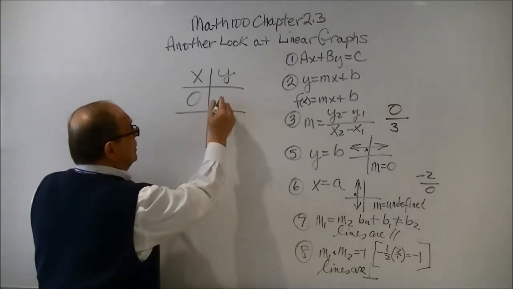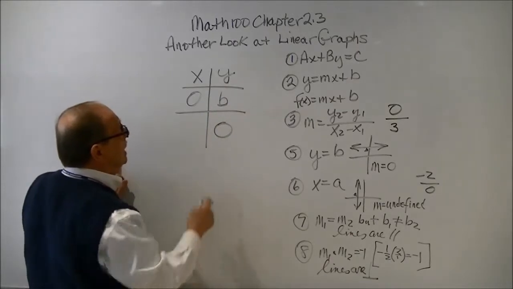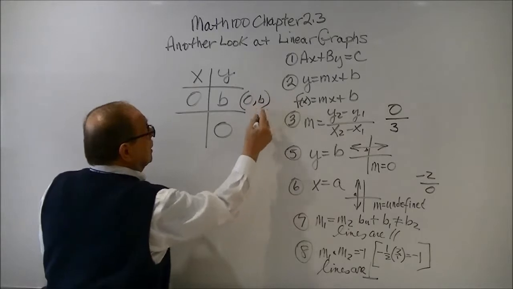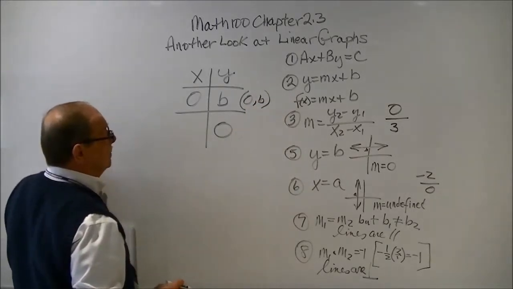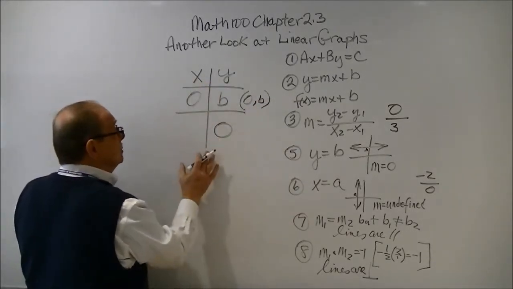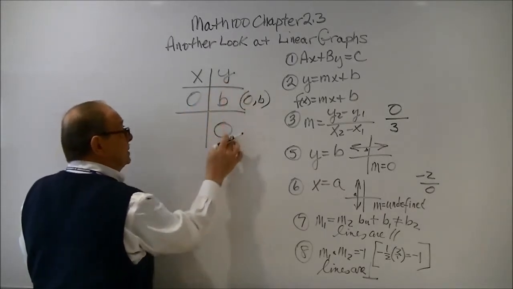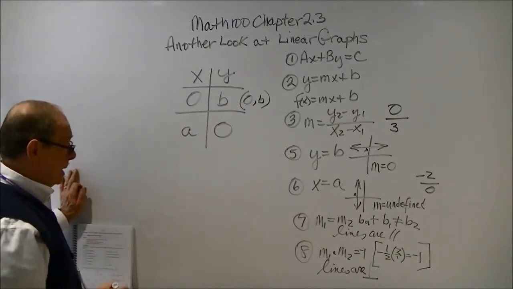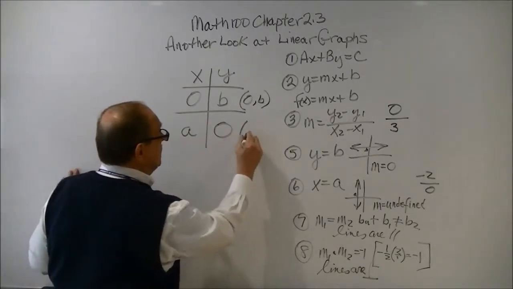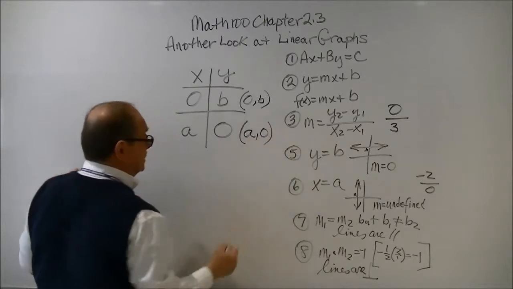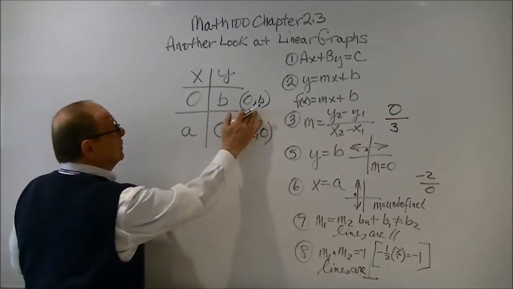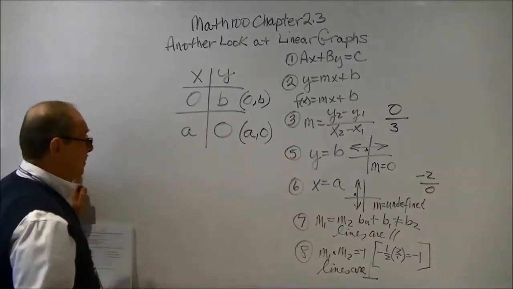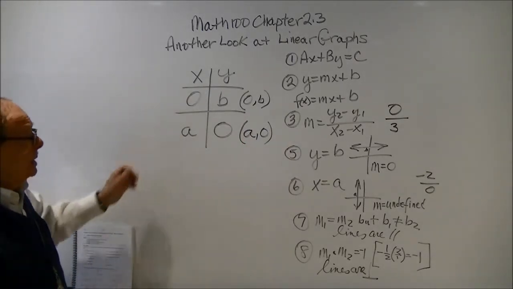Then you're going to get a value here that's going to be b, which happens to be the y-intercept. And if you do y is 0, you're going to get a value here that'll be a, which happens to be the x-intercept. You might recall these are the formal ways of writing the y-intercept and the x-intercept. So we'll be reviewing that as we go on.